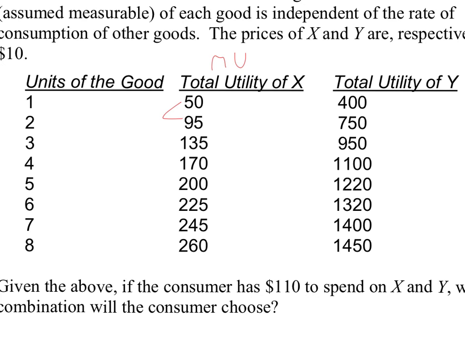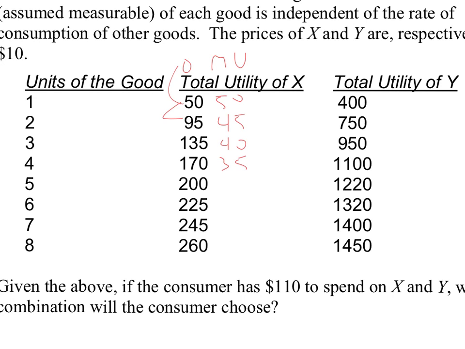So if we assume that with 0 units of good X, utility would be 0, then the marginal utility of the first unit would be 50. We've gone from 0 up to 50. The marginal utility of the second unit of good X would be 45. That's 95 minus 50. And the marginal utility of the third unit would be 40, and so forth.